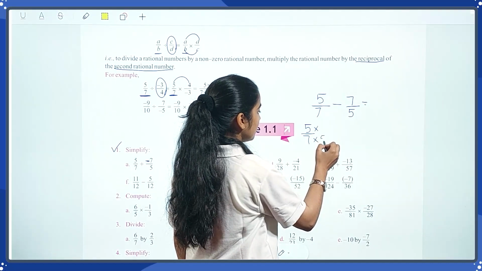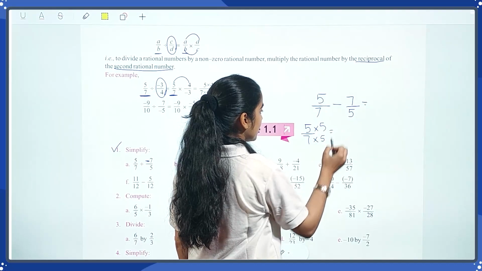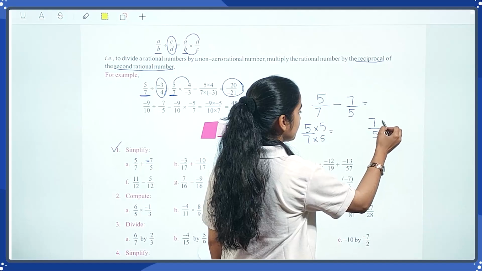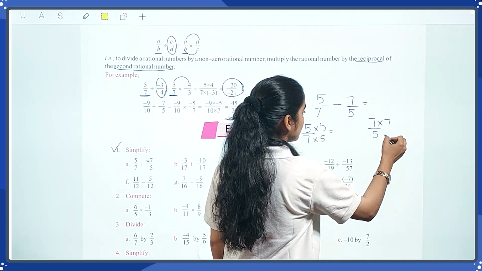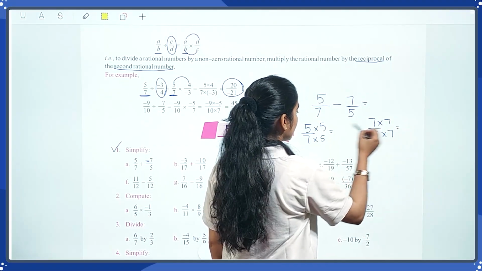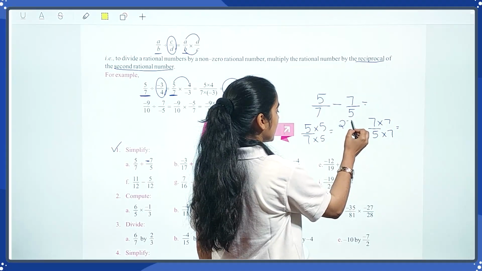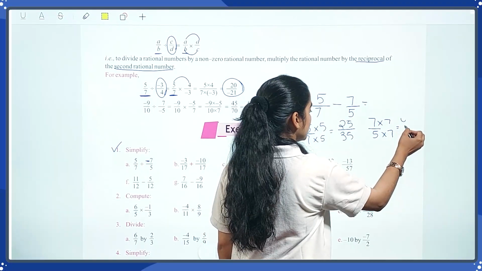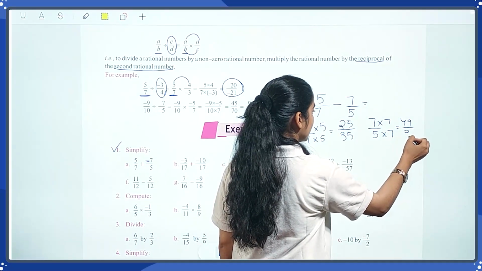5 and 5. Next, 7 by 5 multiplied by 7, multiplied by 7. So here we have 25 upon 35 and 49 upon 35.